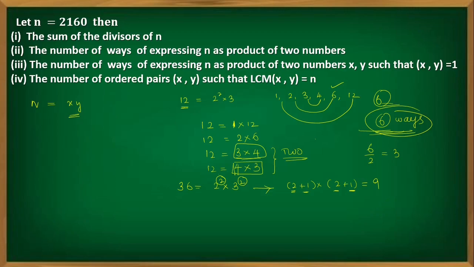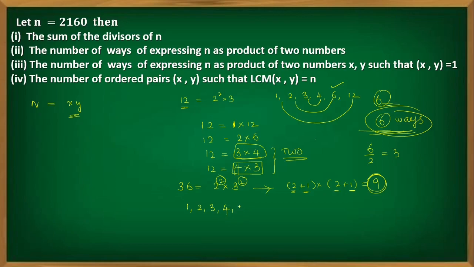So what is happening here? Let's try to write all the divisors of 36, then you will come to know what changes we have to make in the formula. So what are the divisors? Now you write once. 1 we have as a divisor, then we have 2, then 3, then 4. The 9 divisors we have to write here. 1, 2, 3, 4.